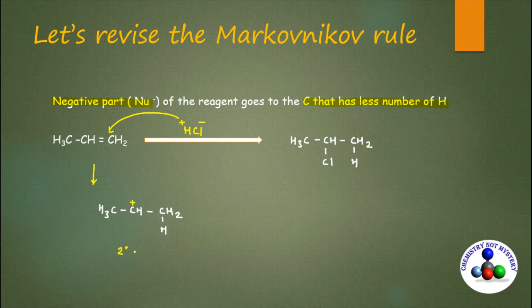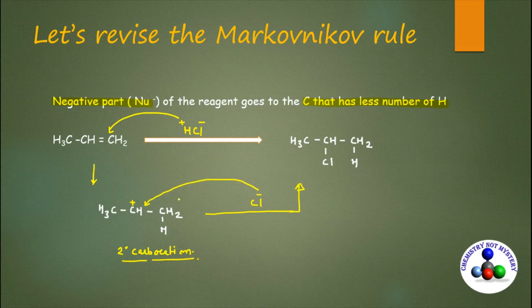This formed carbocation is directly bonded with two other carbons. That's why it is called a secondary carbocation. Now nucleophile, that is Cl minus, attacks the carbocation and makes a bond with it. That's how you get this product.